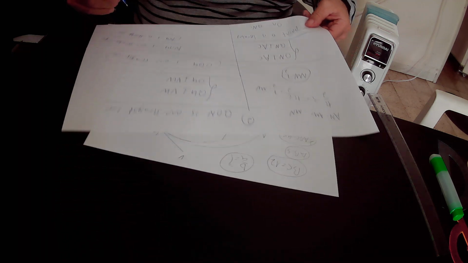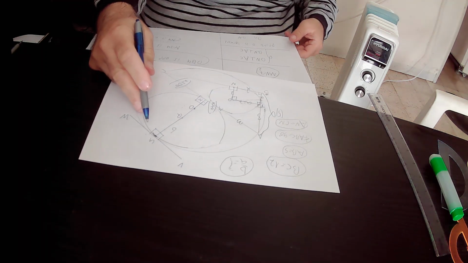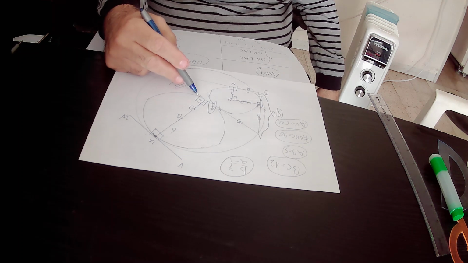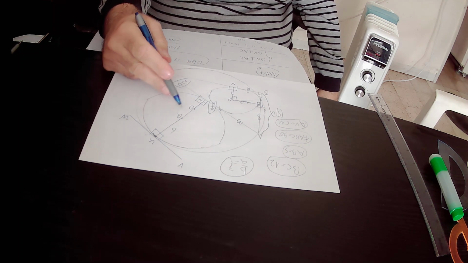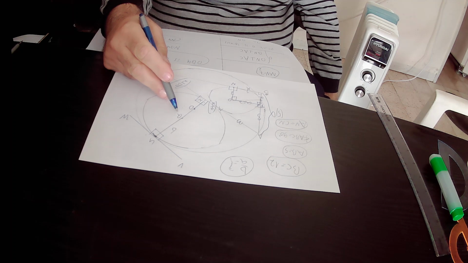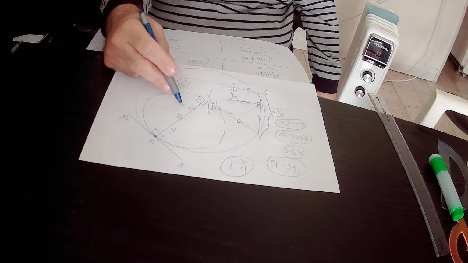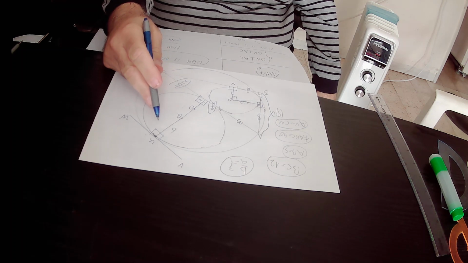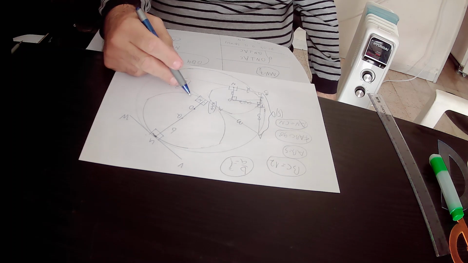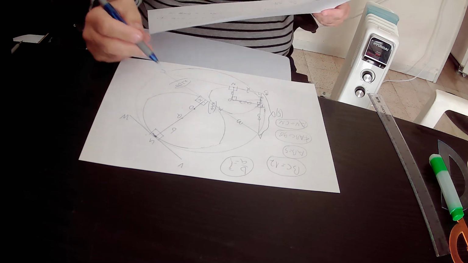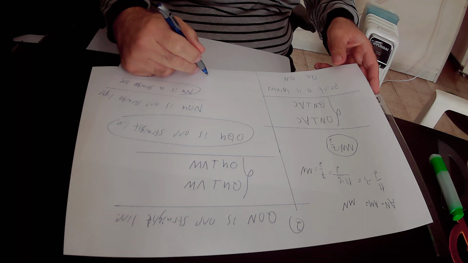But NU is a straight line that touches the circle at points N and U. Therefore, NU is a chord that passes through point Q, that is the center of the circle. Any chord that passes through the center of the circle must be the diameter of the circle. And therefore NU is the diameter of the circle.